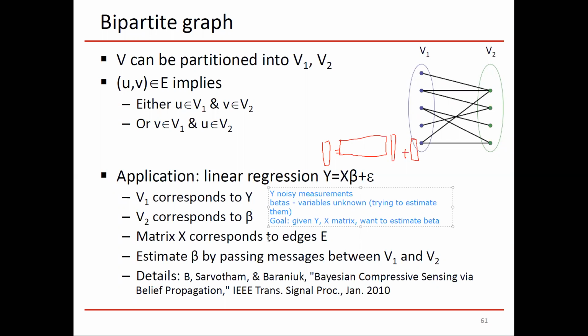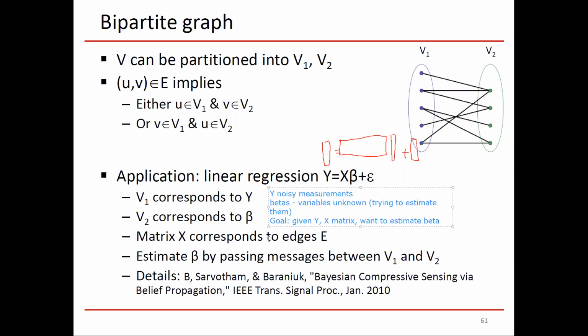The matrix is going to correspond to edges E, meaning that every location in the matrix between a node in V1 and a node in V2 has its correspondence. I think that you saw this in the project that we have about group testing, and this edge, which corresponds to a matrix element, may have properties. For example, in our project, we either measured or did not measure, 0 or 1.